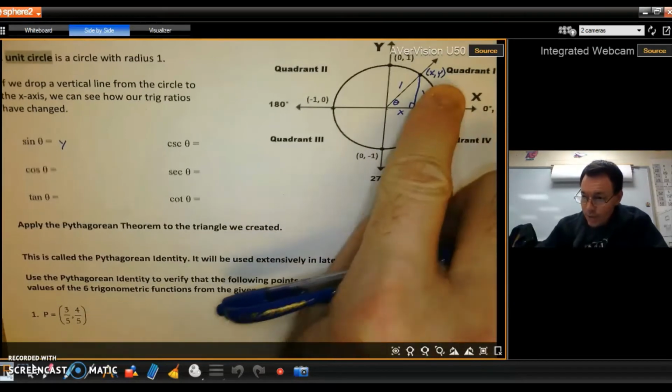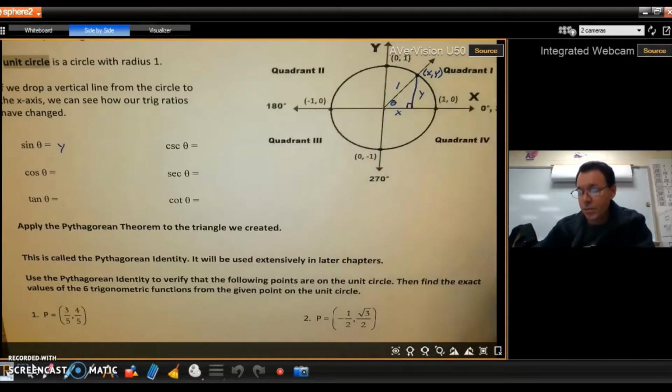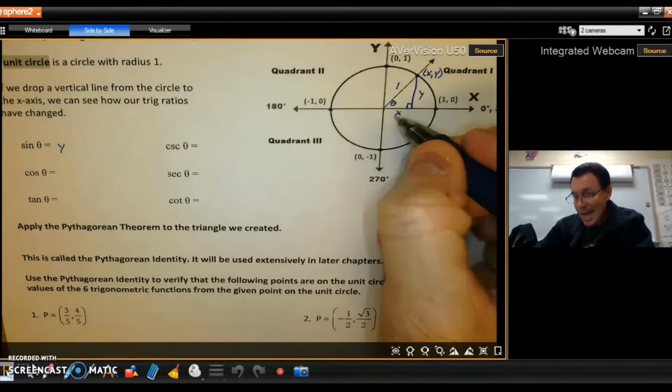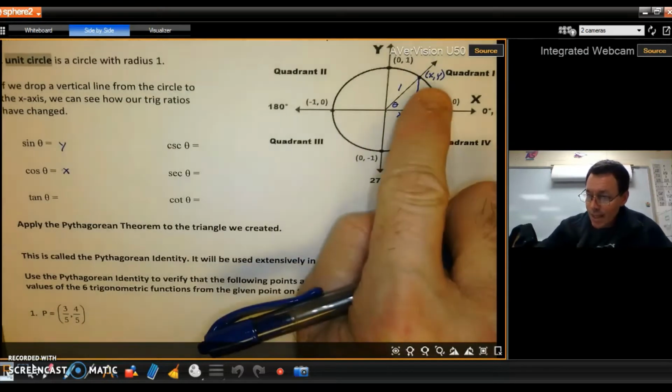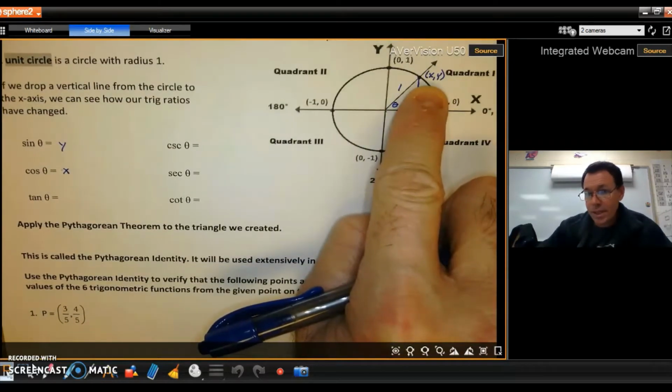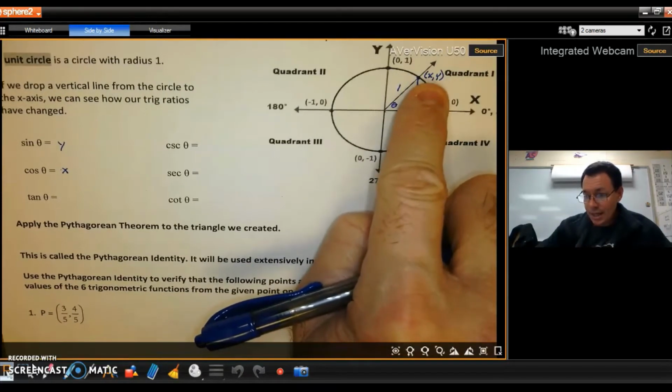That y coordinate is the sine of the angle. Whatever that is, it is the sine of the angle. The cosine, well, cosine is adjacent over hypotenuse, so in this case, x over 1, which is just plain x. So again, that x coordinate, that's all I need to know. I just need to know what these two coordinates are, and then I now know the sine and the cosine.